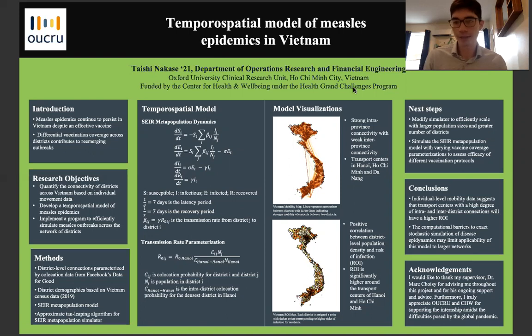To give you a particular example, in 2014, there was an outbreak that spread to about 24 cities, including the major transport hubs of Hanoi and Ho Chi Minh City, and it infected about 15,000 people, and there were about 150 fatalities associated with it.